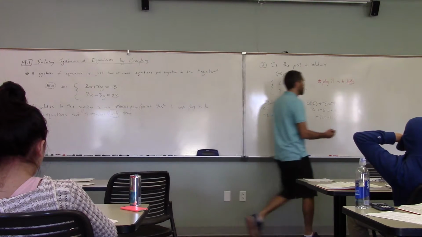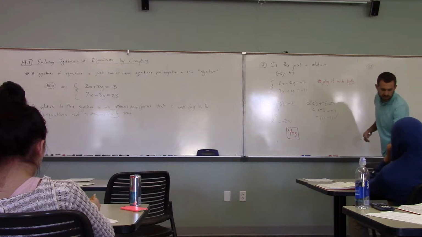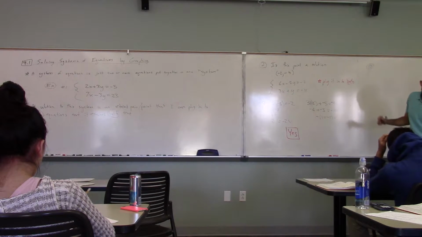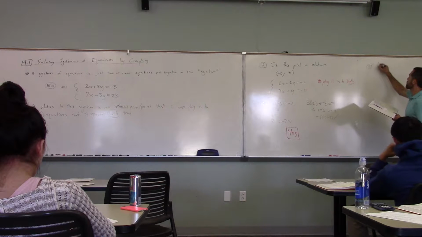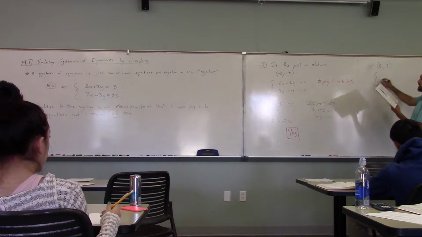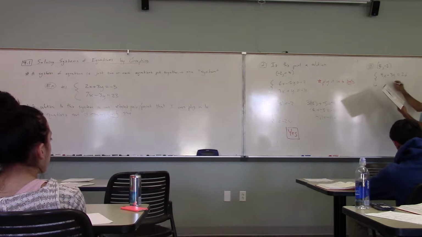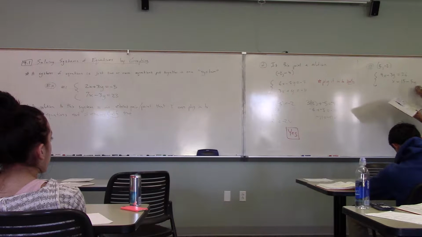Okay, so similar problem. Number 10, same question, except different point, different equations. (5, -2) with the equations 4x minus 3y equals 26, and x equals 15 minus 5y.